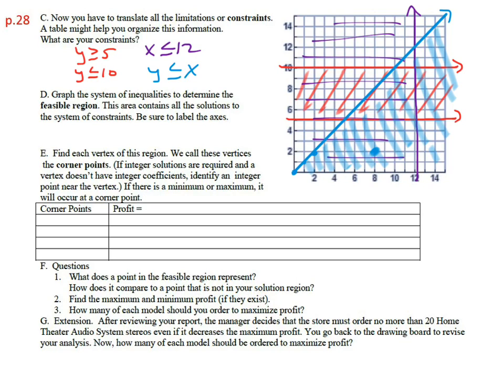Okay. So we've graphed everything. Don't forget to label your axes here. We have our x, which is the number of home theater systems, and then our y is the number of shelf systems.